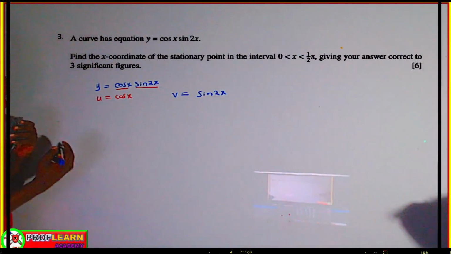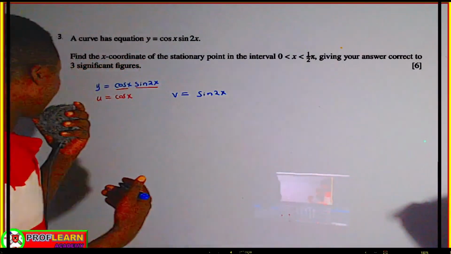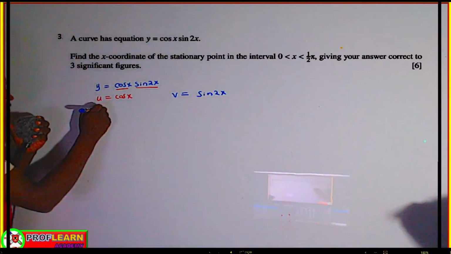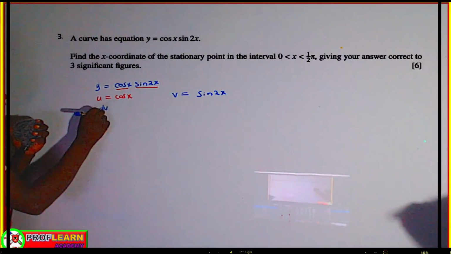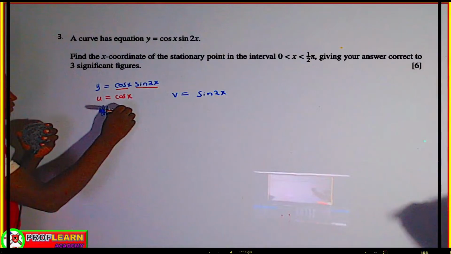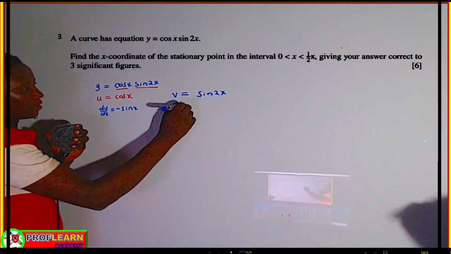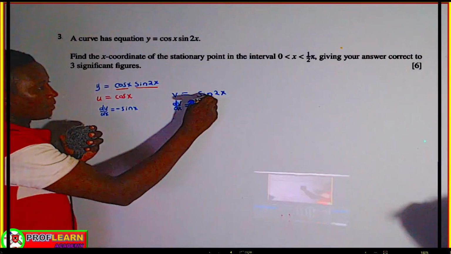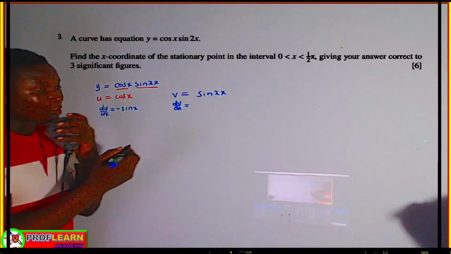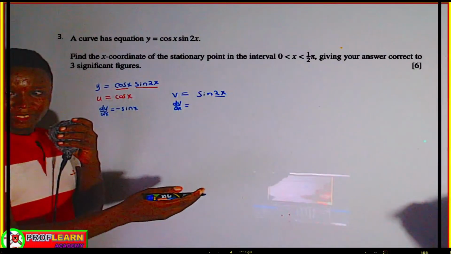Since we are going to use the product rule, we need to find du/dx, which is minus sine x, and dv/dx. Here we are going to use the chain rule because 2x is a function of x and the sine is also a function of x.